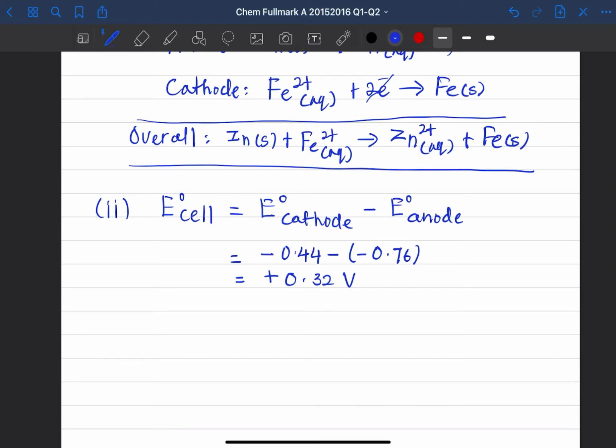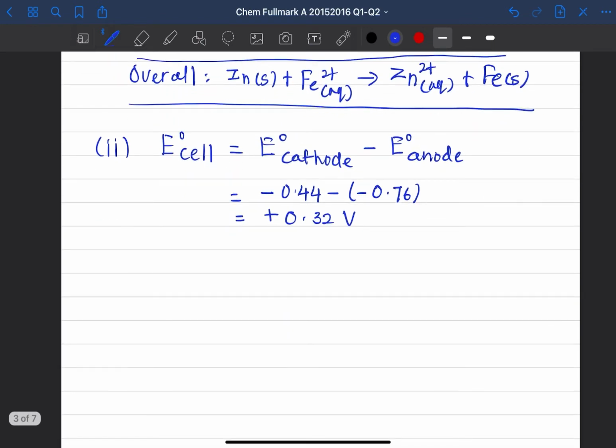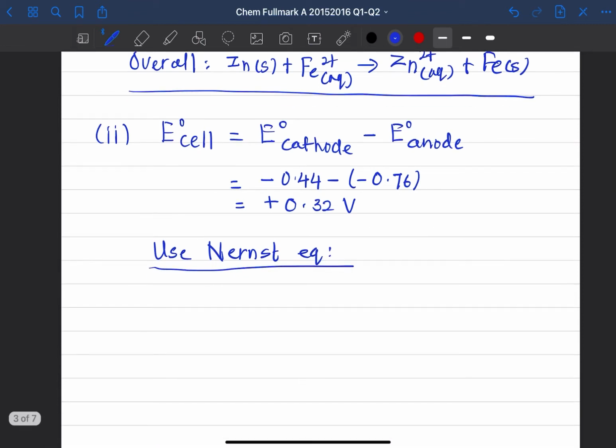The question asks for E cell. So for E cell, we use the Nernst equation. Okay, can you write the Nernst equation? The Nernst equation is E cell equal to E naught cell minus 0.0592 over n, where n is the mole of electrons, times log of the concentration of product over reactant.